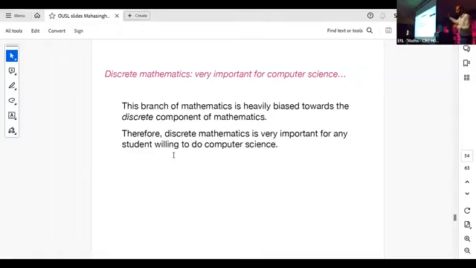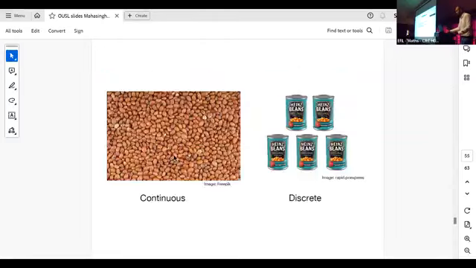If you can discretize things, if you can break down large things into small parts, and if there is such a thing as the consecutive element, the next element, that becomes discrete. And if you cannot break it into parts, that is called continuous. Loosely speaking, that is what we mean by continuity, and the opposite is discrete.